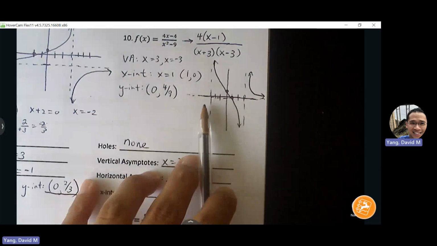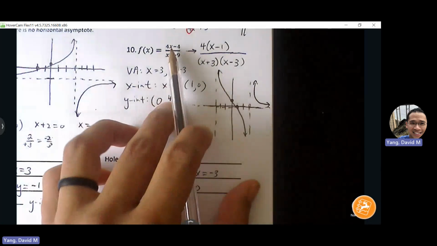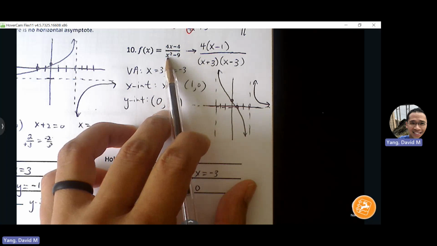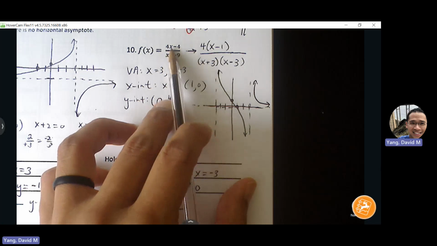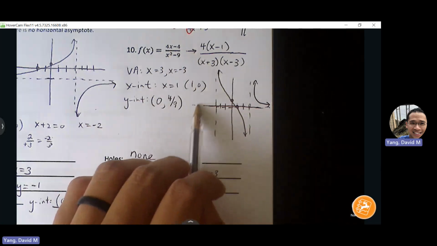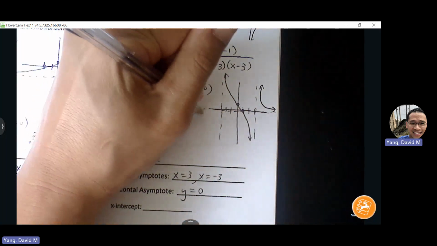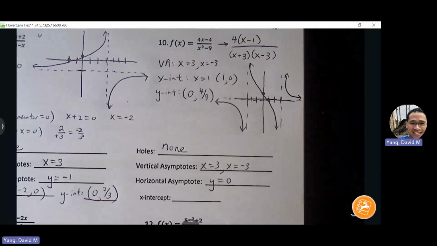If I pick a value to the left of -3, let's say -5, I'll get -20 minus 4, that's negative, and then 25 minus 9, that's positive. So negative over a positive is negative. And if I want something in the negative region, it's got to be over here. So that's enough for me to do a really rough sketch as to how that branch is going to look.